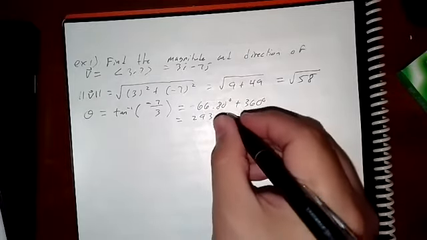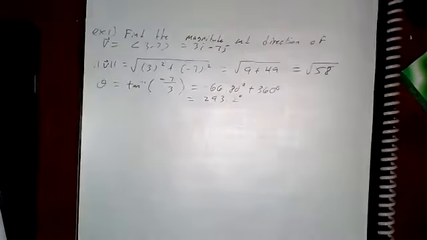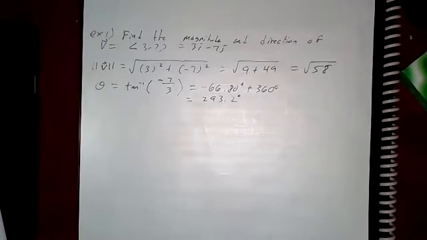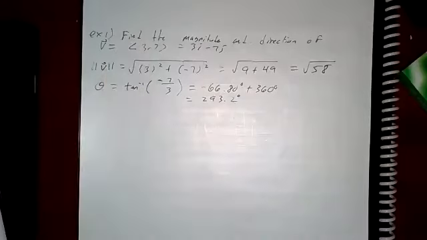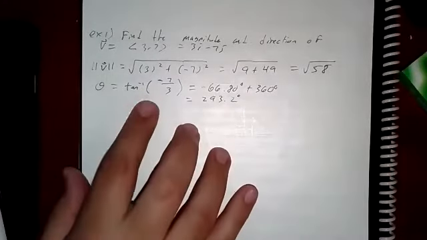So this is the direction of the vector v. All you got to do is put it into an inverse tan.